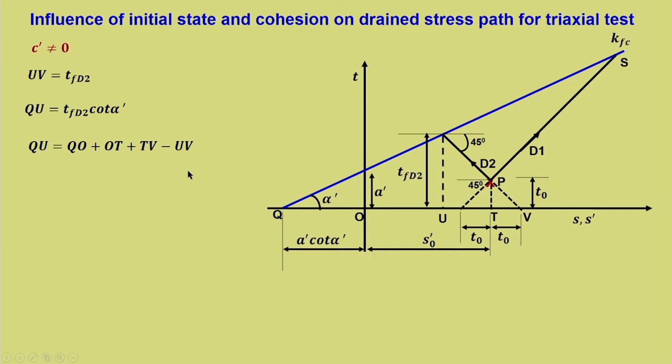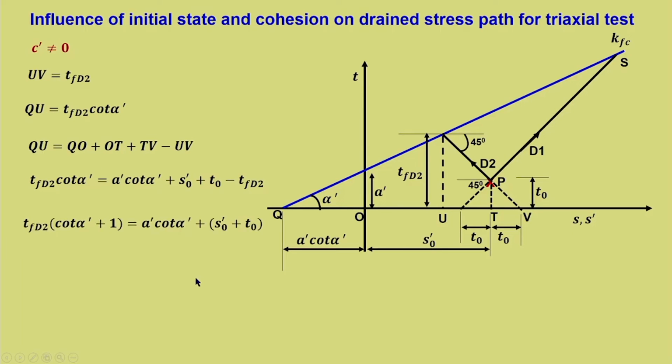All these are known to us. QU is TFD2 cot alpha dash, QO is a dash cot alpha dash, plus OT, this is S0 dash plus T0, minus UV, that is TFD2.